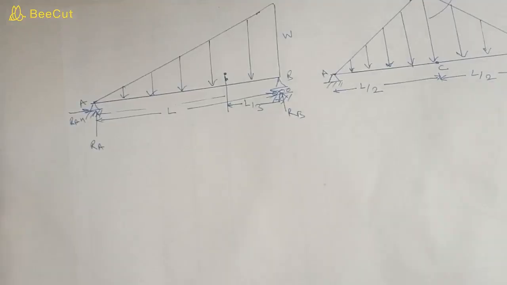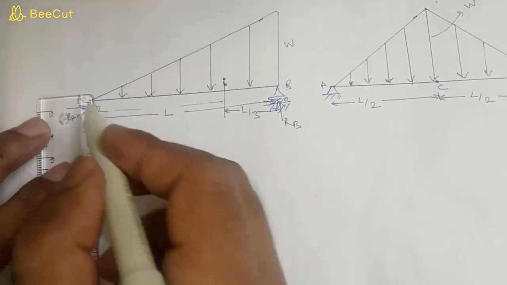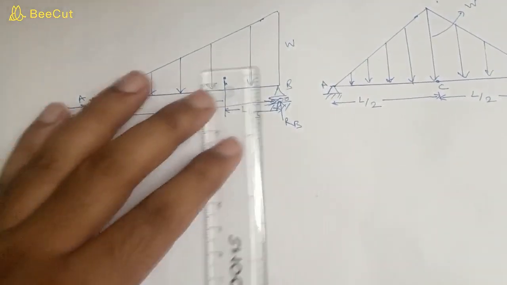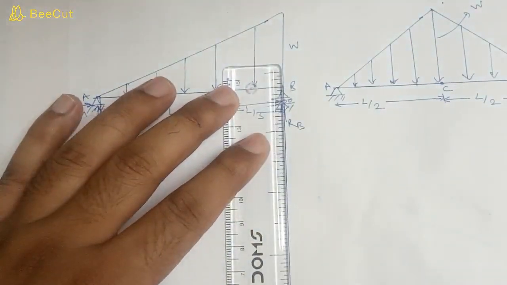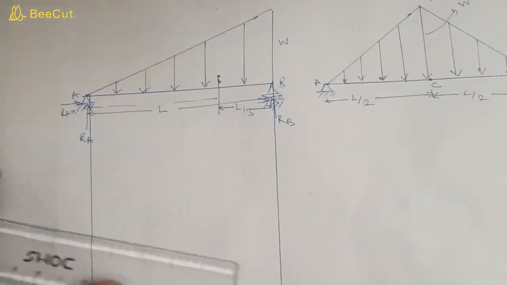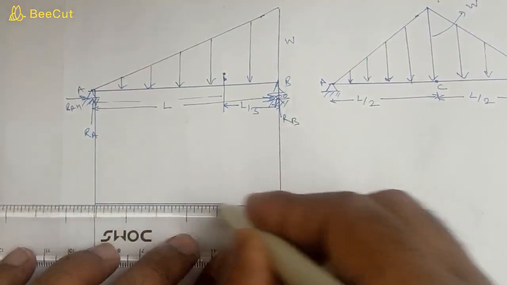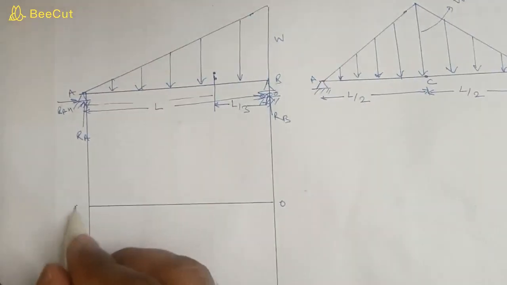Now for drawing the shear force diagram and bending moment diagram, we will draw lines so that our diagrams will not go outside of the span of the beam. So this is the 0-0 line for the shear force diagram. So this is 0, this is 0.